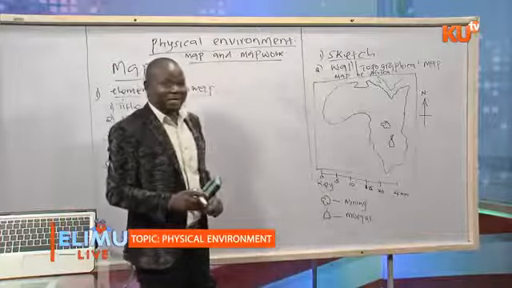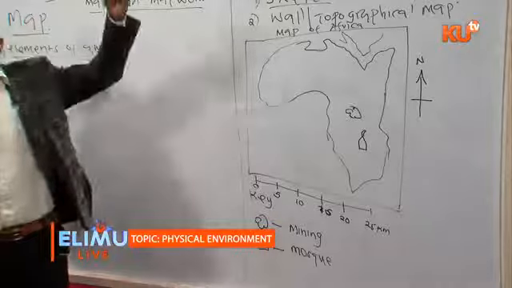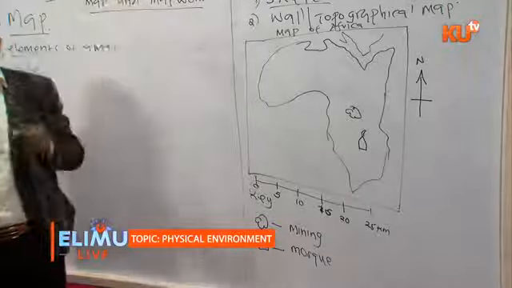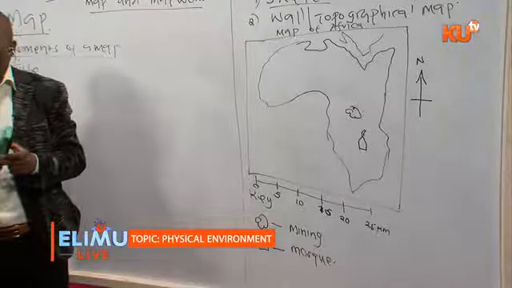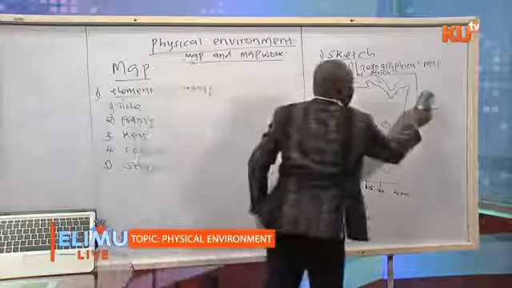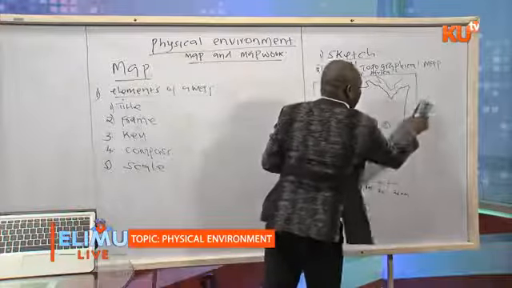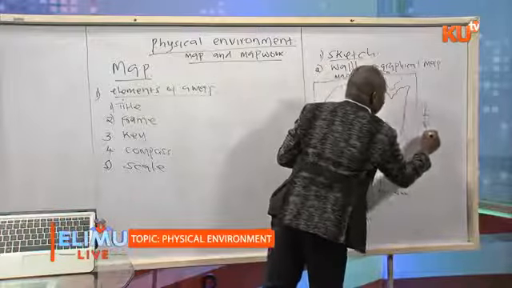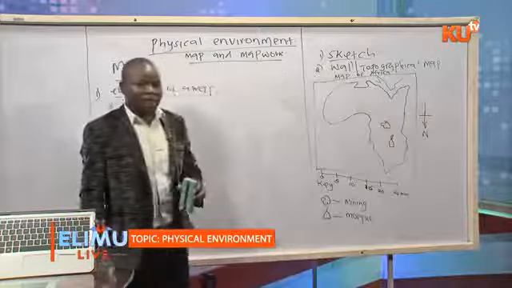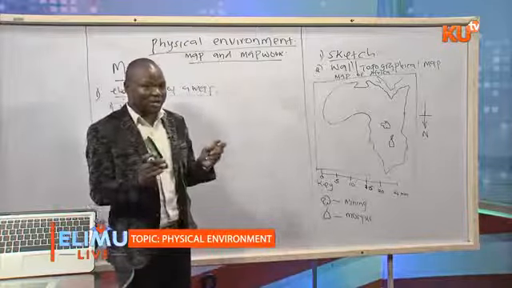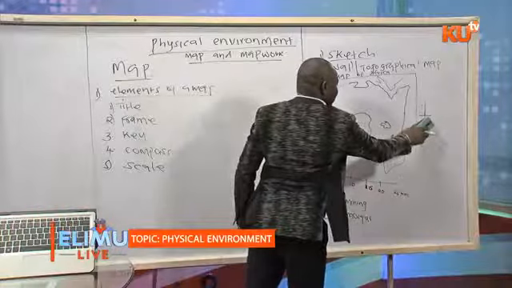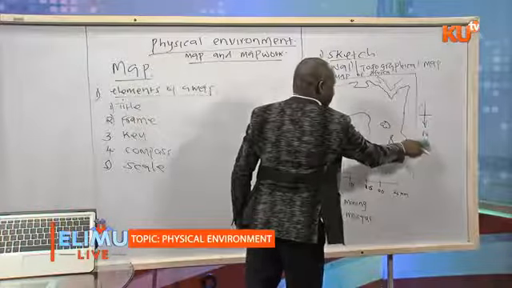We assume that the arrow is not pointing upward. It does not mean that the north is up. The north is the direction in which the arrow is pointing. Let us assume that this arrow points in this direction. So our north is going to be there. I hope that I am well understood. So this is the compass, and this is the arrow pointing to the north.